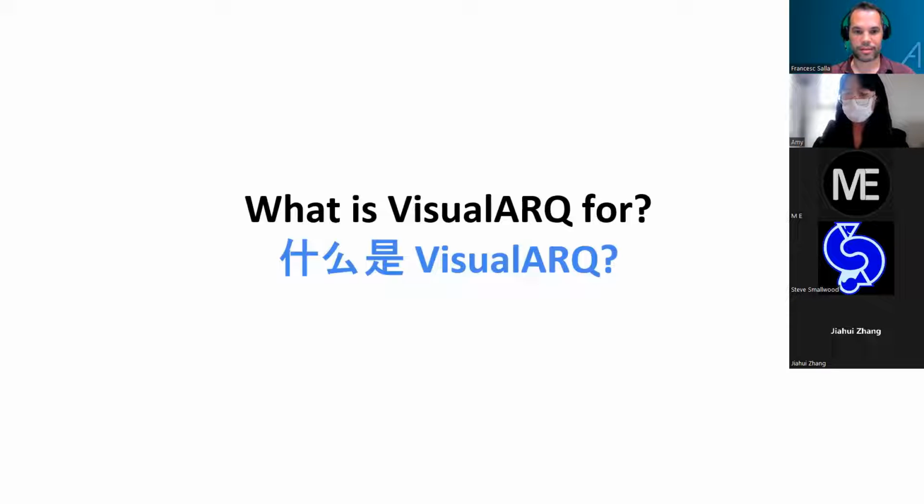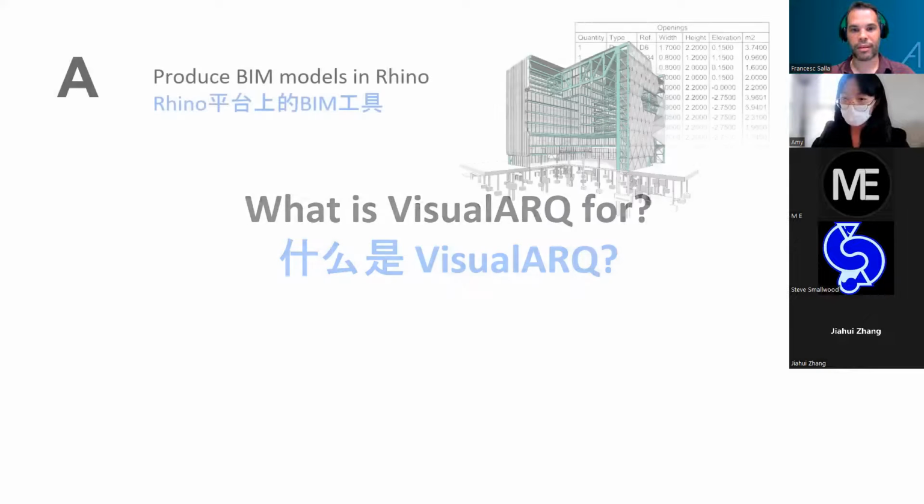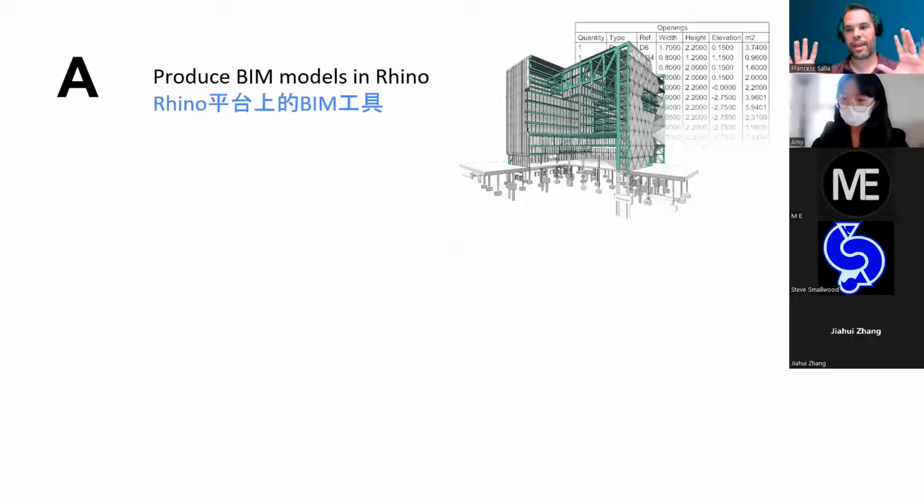那什么是 VisualARQ 呢？它是做什么的呢？I'm gonna highlight the main 3 features of VisualARQ for developing projects. The first one is the option to produce BIM models in Rhino.